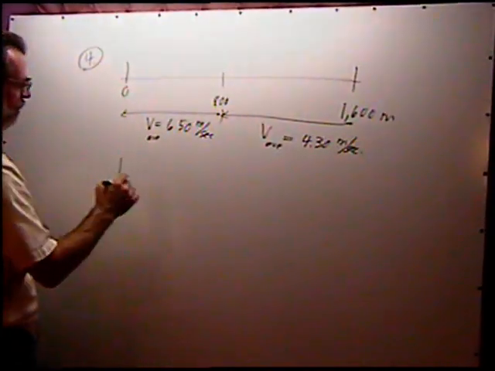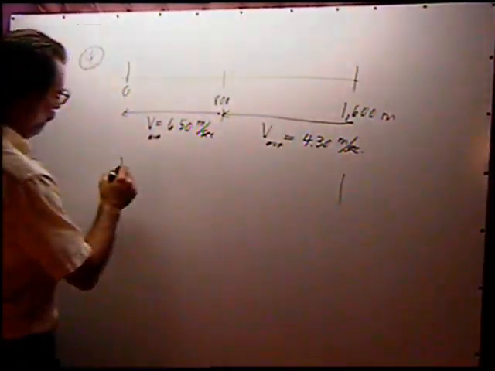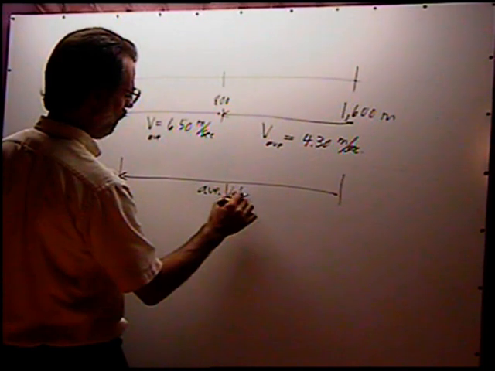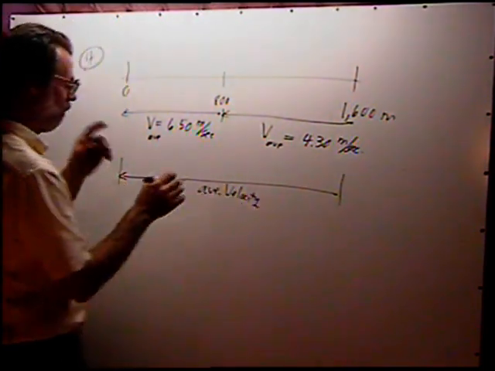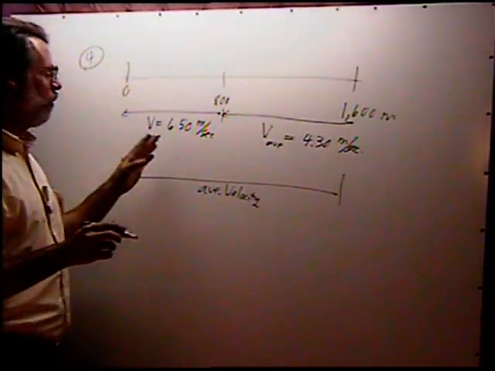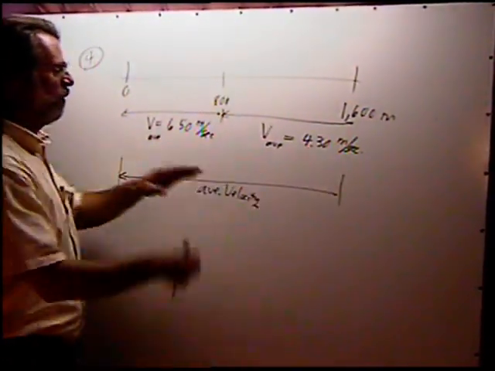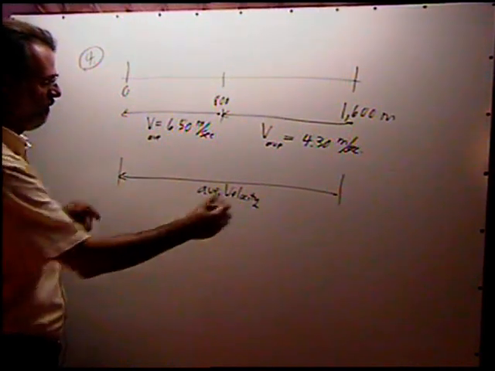Now, there's a little bit of a trick. What we want is the average velocity from the start to finish. Many people will say, oh, we simply take this number and that number, add them up and divide by 2.